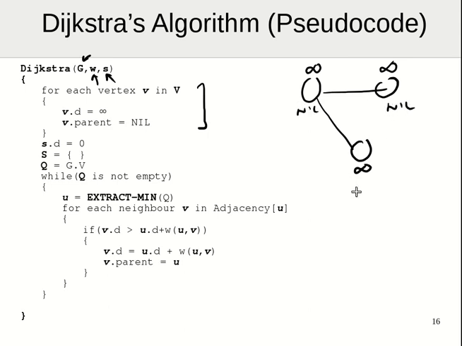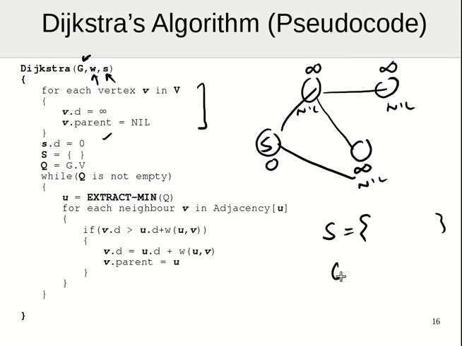That we have already seen in the initial setup, right? Let's say this is the source. For the source, obviously the distance is 0, and we'll initialize the empty set S, and Q is my priority queue, wherein I'll put all the vertices. Okay, this is the initial setup.